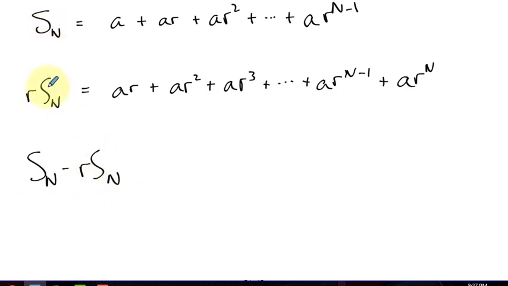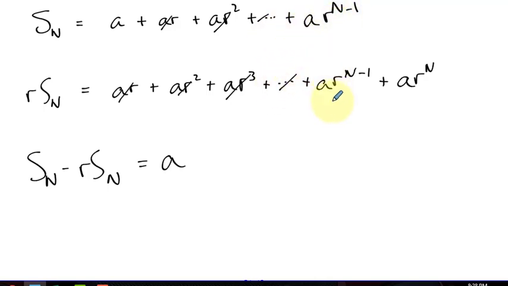taking this side minus this side, and then over on the right hand side, if I start with this and subtract everything here, we'll have a minus nothing to cancel, so we'll just be left with an a, and then a times r minus the a times r, so these guys cancel, and the next term cancels with this term, and all these terms will cancel.